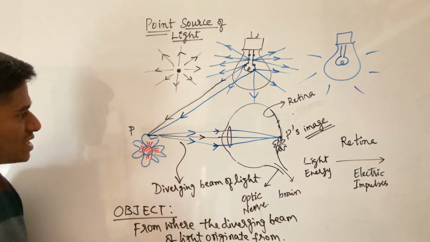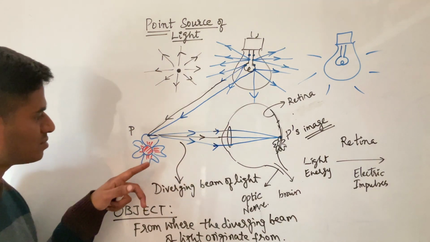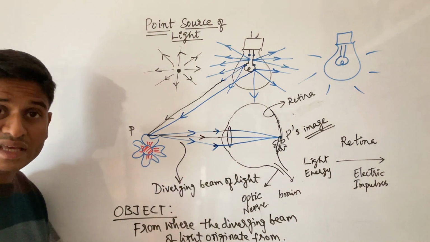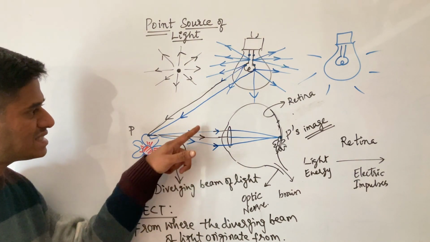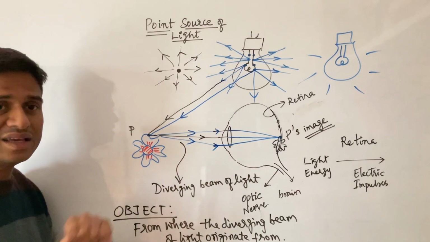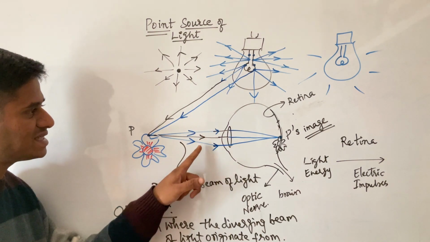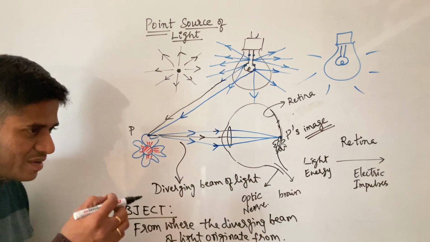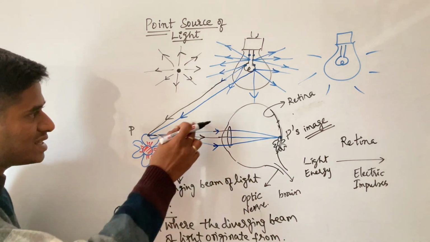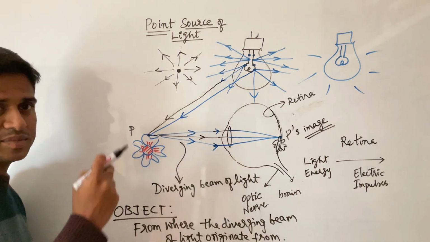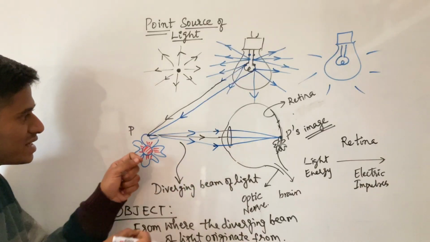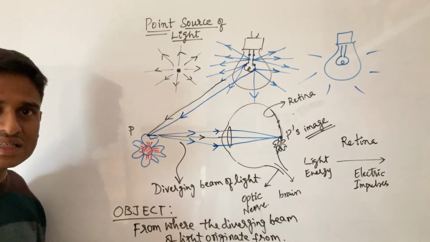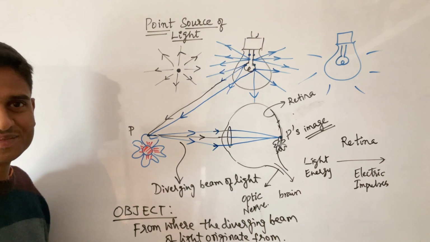So basically, the light which is coming from the flower and reaching my eye, these are incident rays for my eye. So we also can say, where these incident rays originate from is the object.